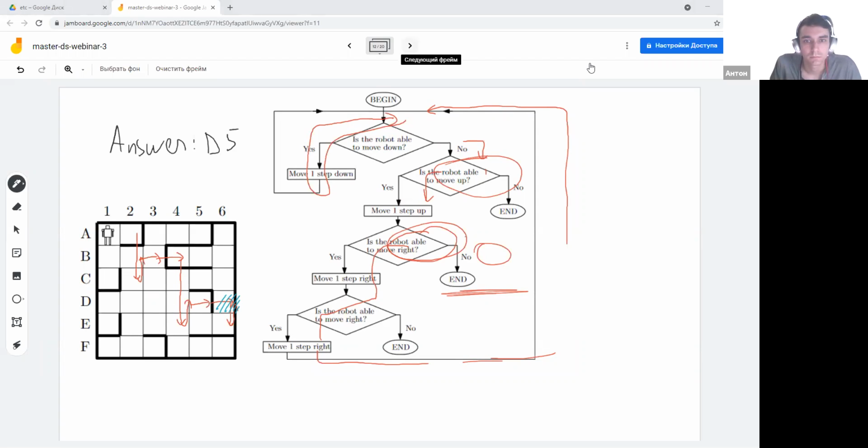Well, there is a question about the books which are suitable for preparation. Well, I suppose that, of course, the books that are mentioned on the website of the program should indeed be enough.